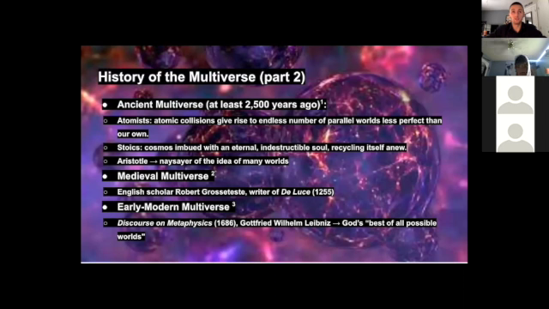Part 2 of the history of the multiverse. Well, in case you may not know this, the idea of the multiverse goes way back to ancient times, roughly 2,500 years ago. The atomists, for example, believed that atomic collisions gave rise to an endless number of parallel worlds, which were less perfect than our own, because what's more perfect than our universe?